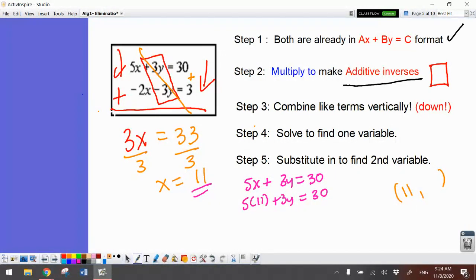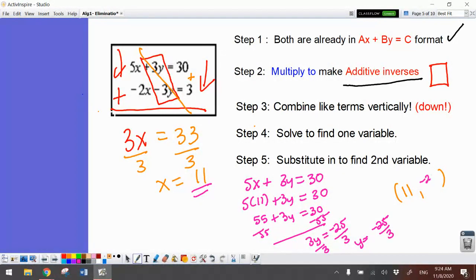And I'm going to solve for y. So 5 times 11 is 55. And I'm going to subtract my 55. So I have 3y equals, well, negative 55 plus 30 is going to bring me to a negative 25. And if I divide by 3, y is going to equal negative 25 over 3.